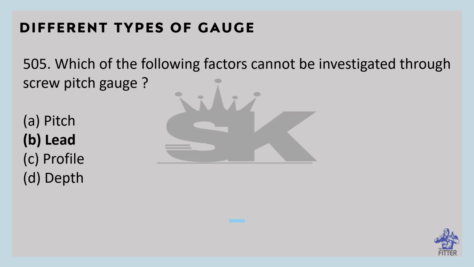The screw pitch gauge is used to check the pitch of external as well as internal threads. It is also known as a thread gauge.